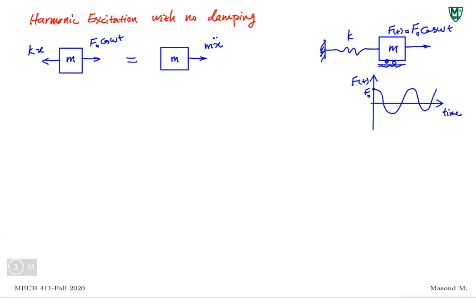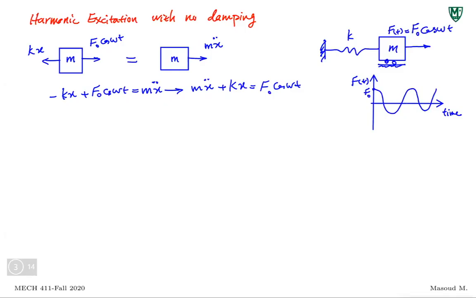If I write it this way, minus kx plus F naught cosine omega t will be equal to m x double dot. So m x double dot plus kx is going to give you F naught cosine omega t. So that becomes the equation of motion.